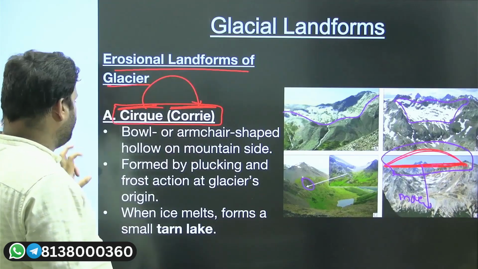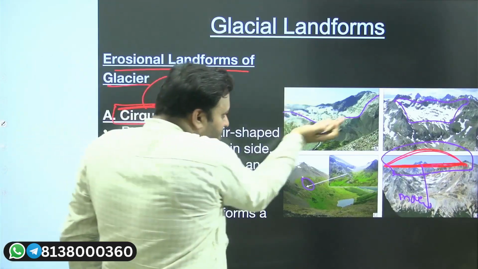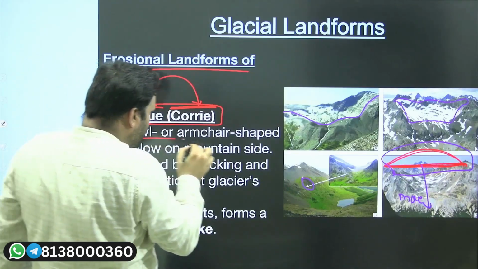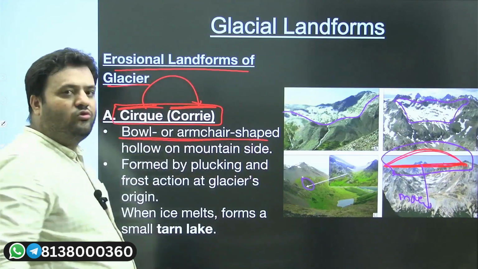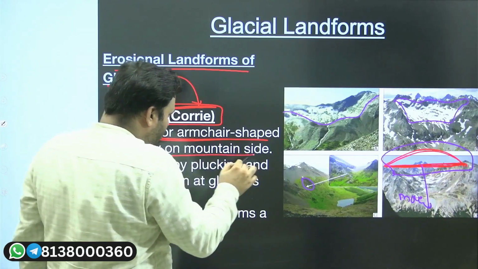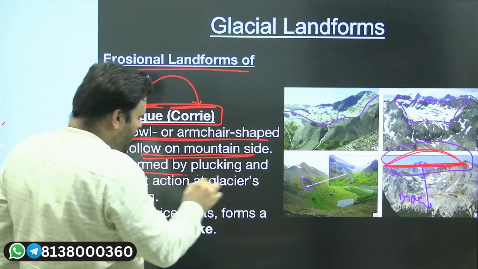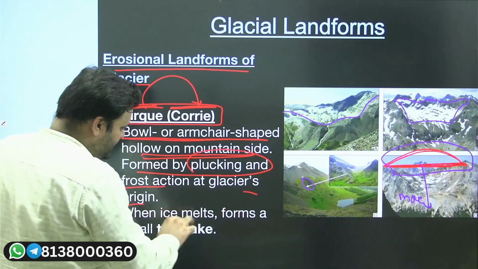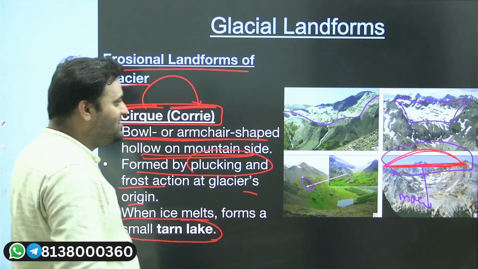Now, with respect to this cirque, how does it look? It looks like a bowl or armchair shape. It is a hollow on the mountainside, and it is formed by the plucking and frost action of the glacier. When the ice melts, it also forms a small tongue lake.